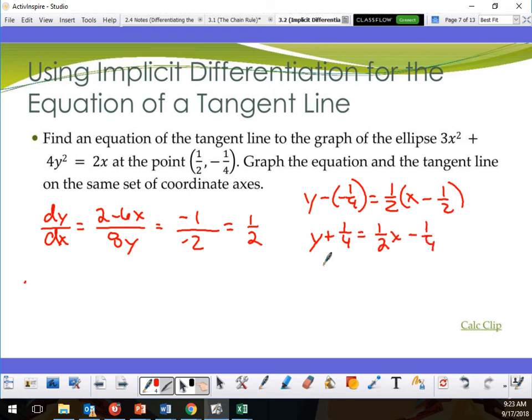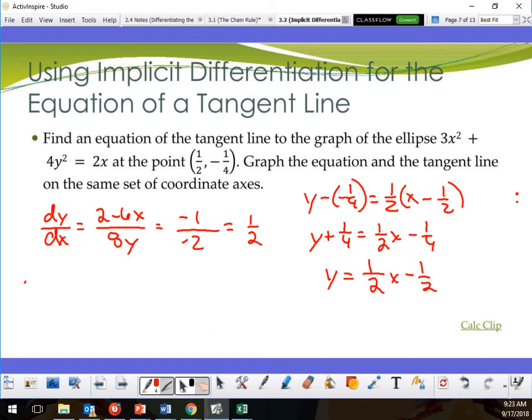Subtract 1/4 from both sides, so y equals 1/2 x minus 1/2. There is the equation of my tangent, and then I'm going to graph the other thing.